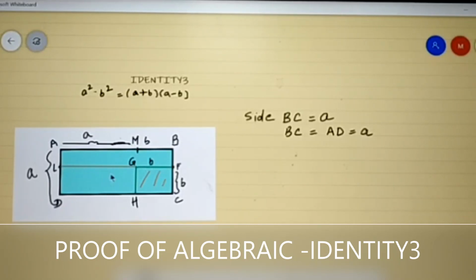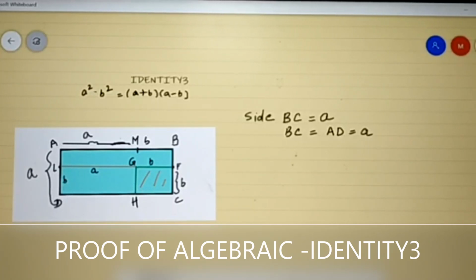Now we have a new rectangle formed, GLDH. Now what can be the sides of this rectangle? Let us see. LG is parallel to AM and that is parallel to DH. So LG is obviously a because of being parallel to AM. And here LD, GH and FC are parallel to each other. So the length of LD will be b.